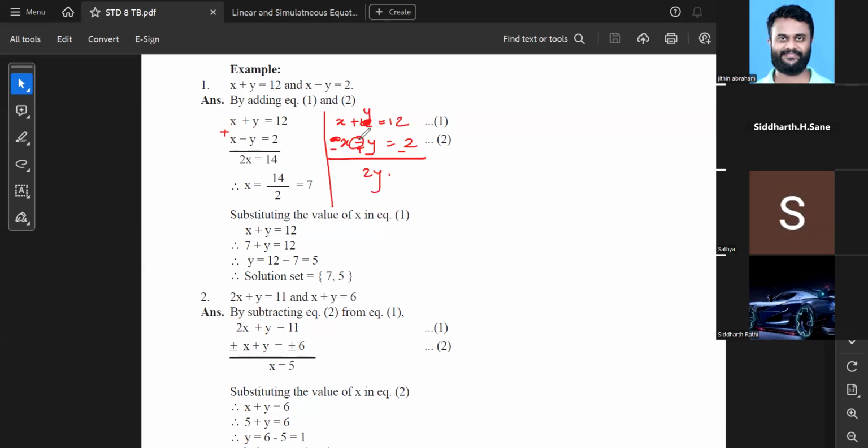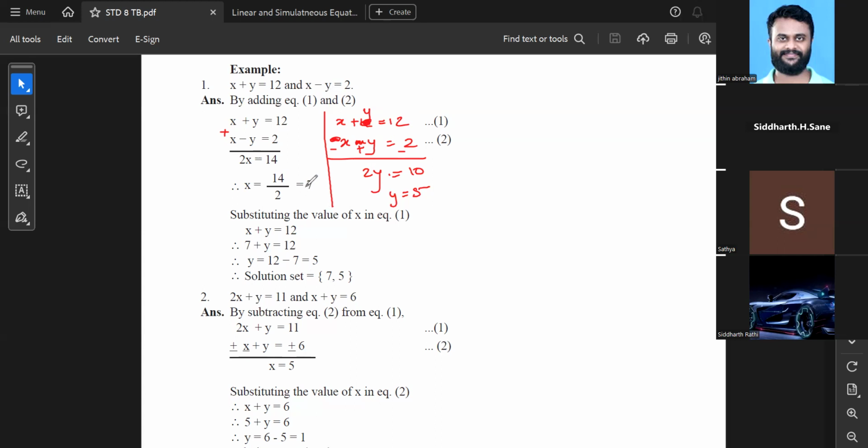This was negative initially, but because of the outside common negative sign, it became positive. So it's y plus y, 2y. And over here you have 12 minus 2, you have 10. So y's value is equal to 5. This was also a method to find the value of y.